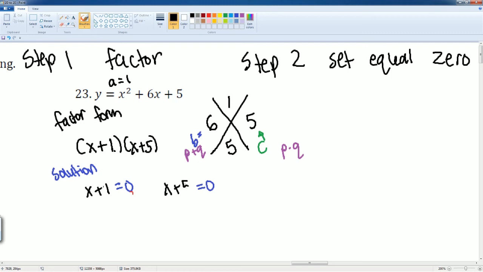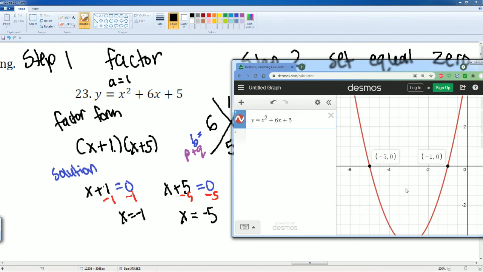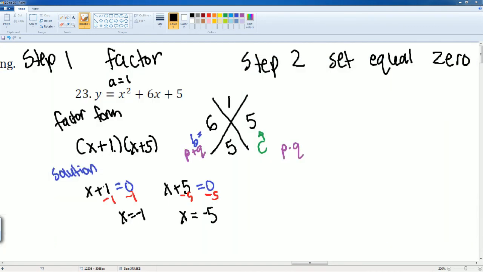Now let's solve. We subtract 1 from both sides, which gets you x equals negative 1. You could also subtract 5 from both sides for this one, giving you x is equal to negative 5. Now let's check. Negative 5 and negative 1 are your x-intercepts, when y equals 0. That is how we use Desmos properly to check our work.